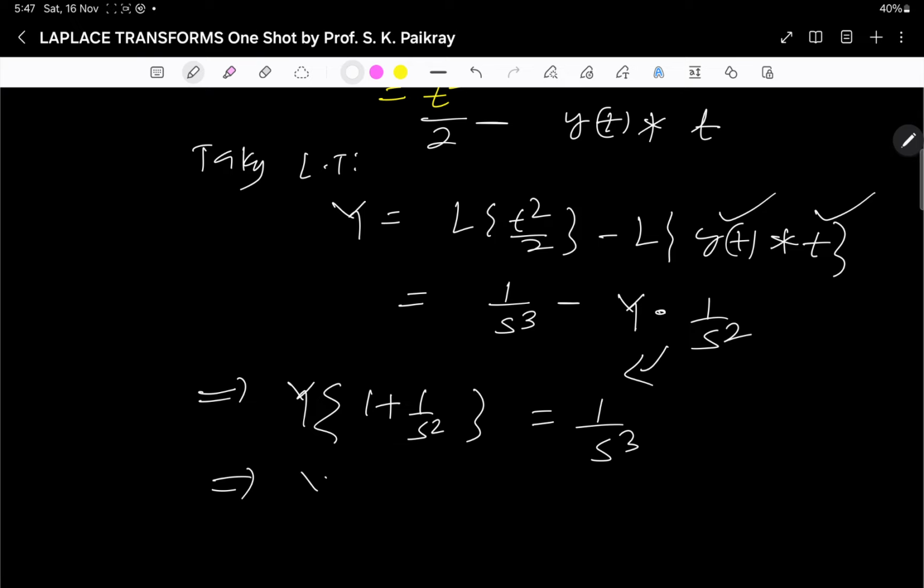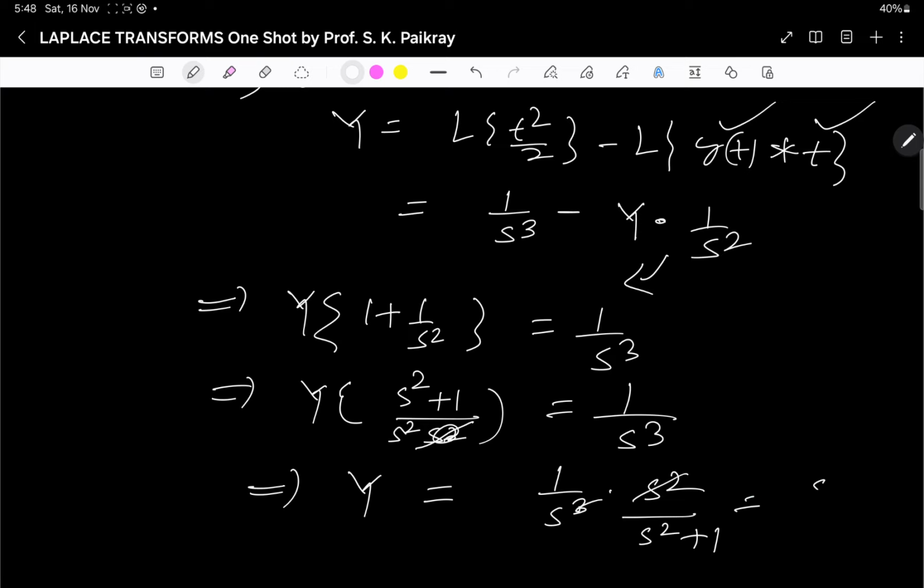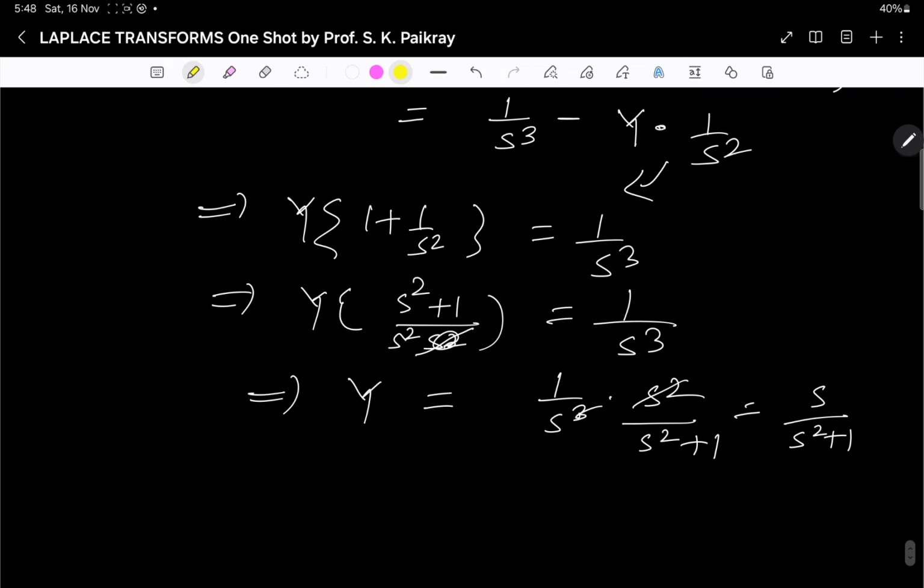So that means my Y into s square plus 1 by s square is equal to 1 by s cube. So now this s square I'll bring to that side. So that means my Y will be 1 by s cube into s square by s square plus 1. Okay, so now s in this, so this will be my s by s square plus 1. Just a minute. So here it is 1 by s into this.